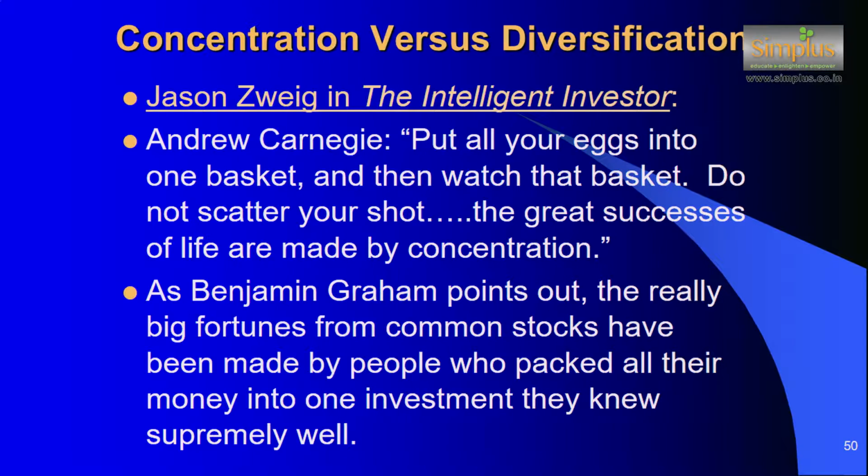Then Jason Zweig says, as Benjamin Graham points out, the really big fortunes from common stocks have been made by people who packed all their money into one investment they knew supremely well. Very often when you're in business, you can't diversify across 20, 30 businesses.